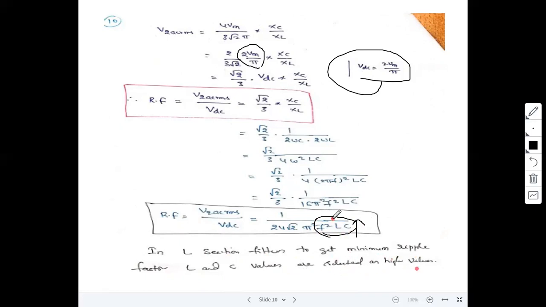The frequency is constant at 50 hertz, so only LC values are varied. Now if the ripple factor is to be small, how to choose these values? These values are high values. So this is about the L section filter.